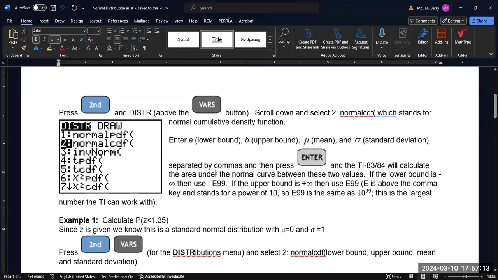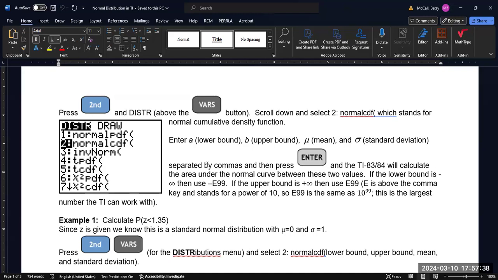Now, one thing to keep in mind is the normal PDF we only use for graphing. This is a continuous probability distribution, and so the PDF doesn't actually calculate probabilities for us. It essentially is calculating just the height of the distribution. So when we're calculating probabilities, we never, ever, ever use the normal PDF.